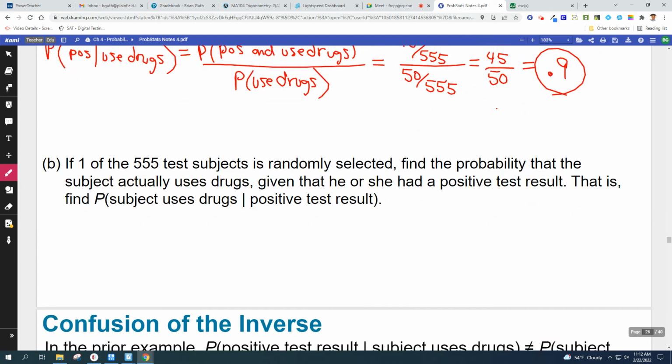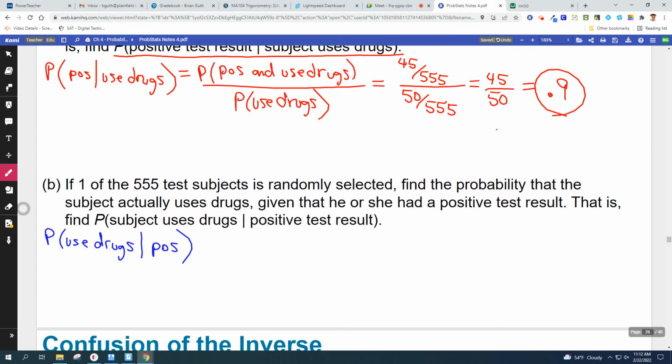Now part B says, let's skip all the words, just go down to the bottom. Find the probability that they use drugs given that it's positive. Is that the same thing as what I just found? It's not.